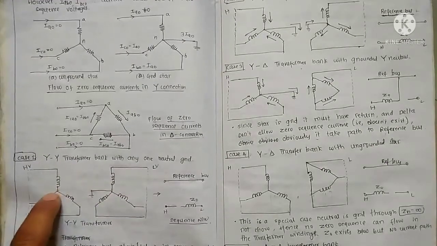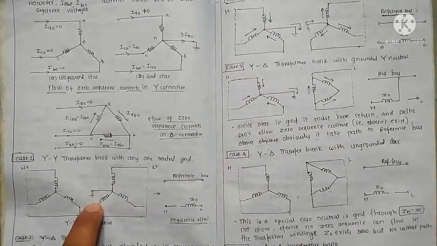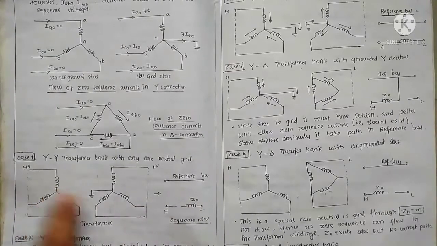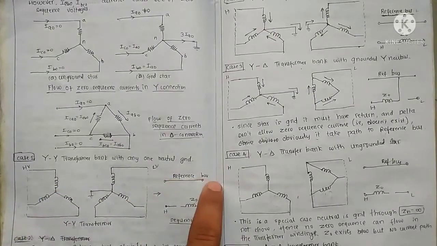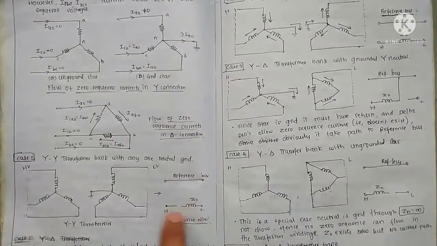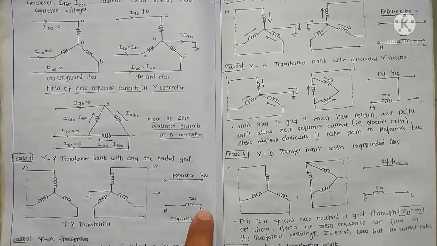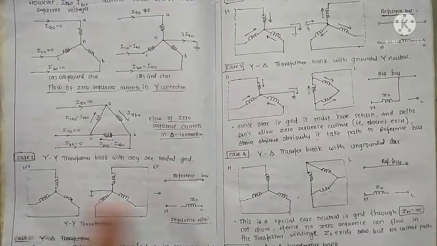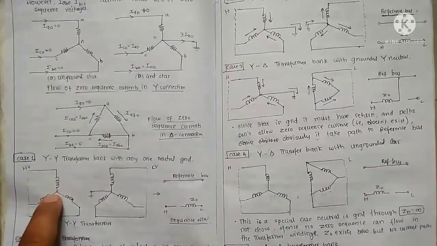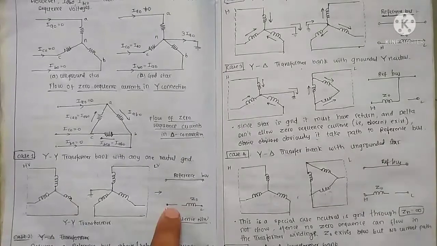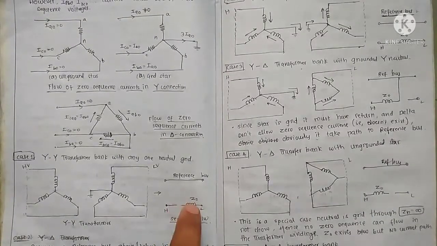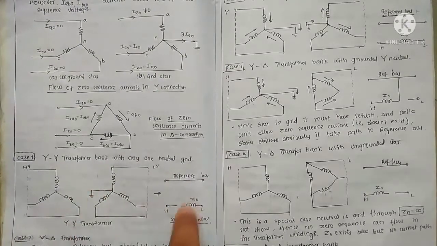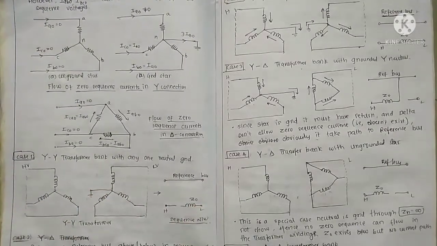For the star with no neutral connection, there is no current flow, therefore impedance will be zero and current will be zero. This is the reference line, H is the primary side and this is the LV side. There is a disconnection between them, since there is no current flow from primary to secondary, and we just draw an impedance Z0.